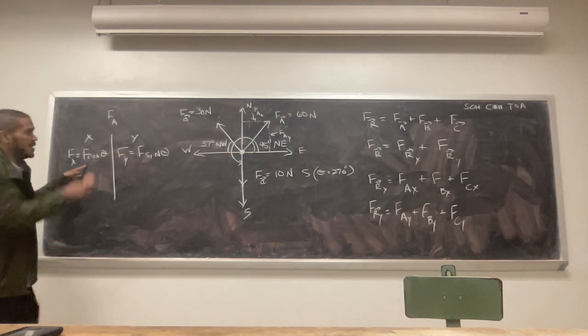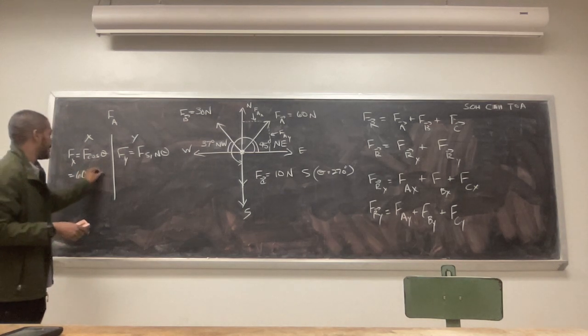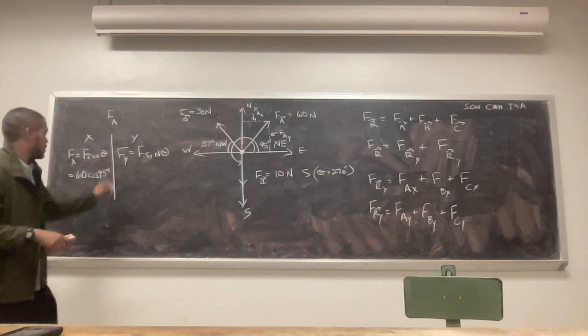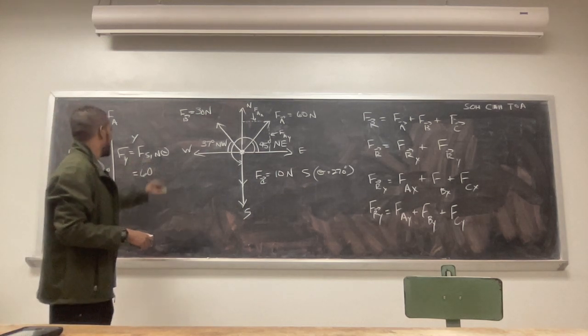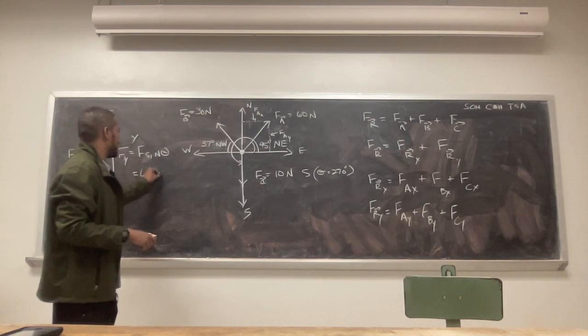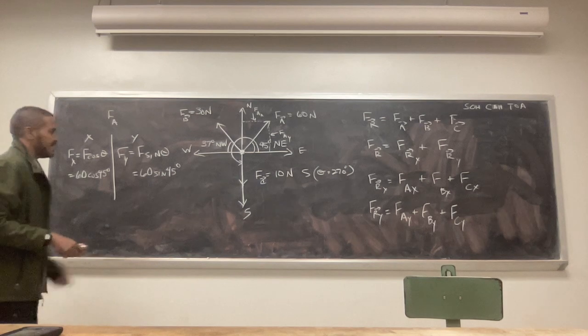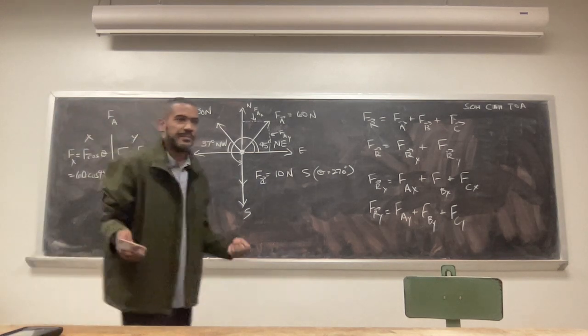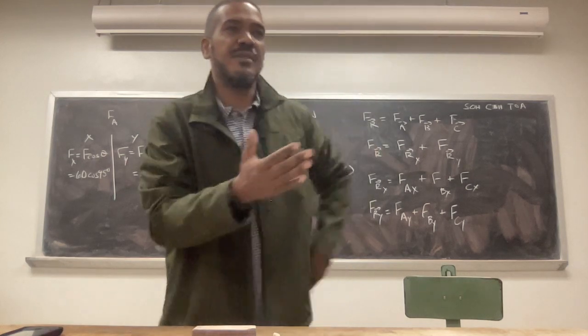So now I can plug in the numbers. My x component is 60 times cosine of 45 degrees. My y component is 60 times sine of 45 degrees. And because it's 45 degrees, they're both going to be equal, because 45 degrees cuts 90 degrees in half.